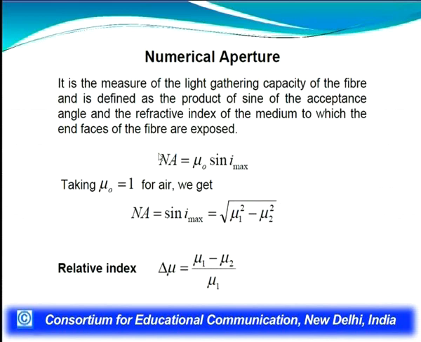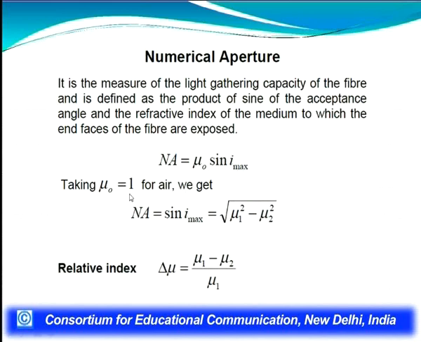Here in the equation, NA, the numerical aperture, is equal to mu naught, the refractive index of the medium to which the end faces of the fiber are exposed, times sine I maximum, the sine of the acceptance angle. The product of mu naught and sine I maximum is known as the numerical aperture.